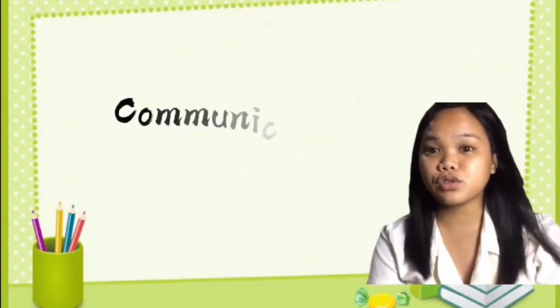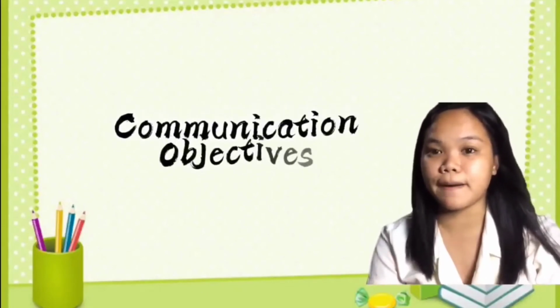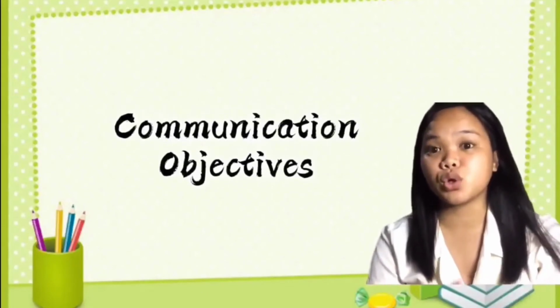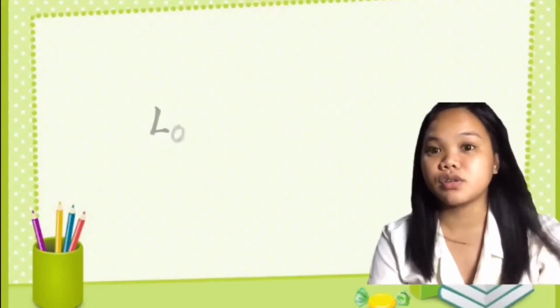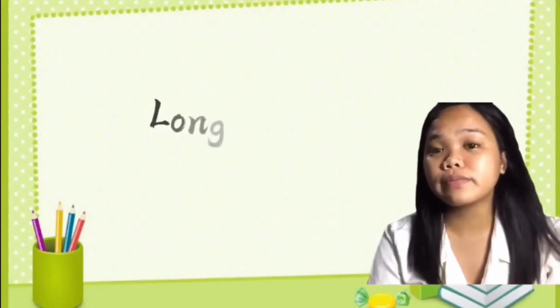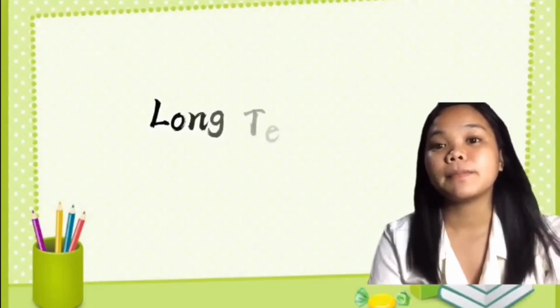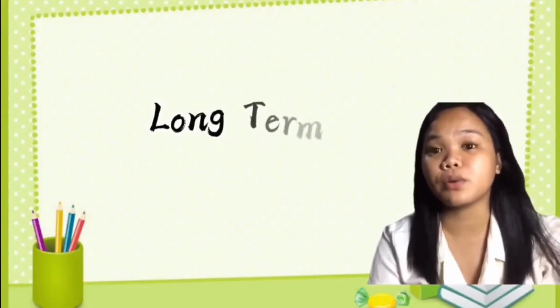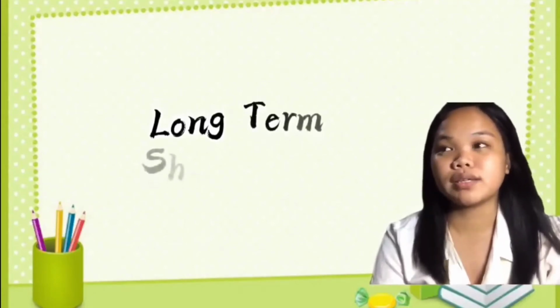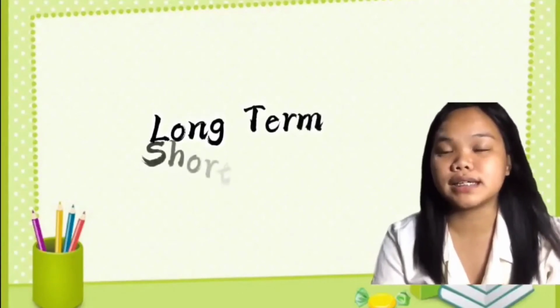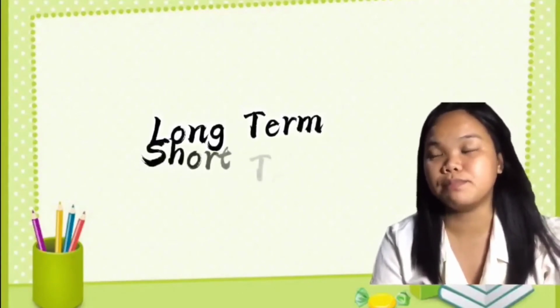Communication objectives are planned for both long and short term. Long-term objectives belong to a long period of time, let's say 1 to 3 years or even more than that.